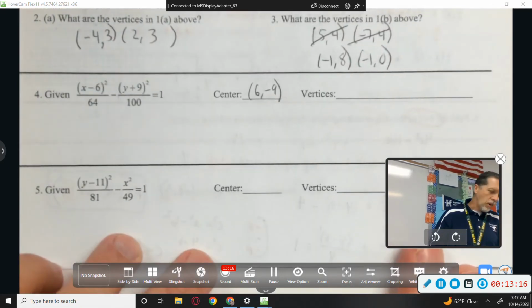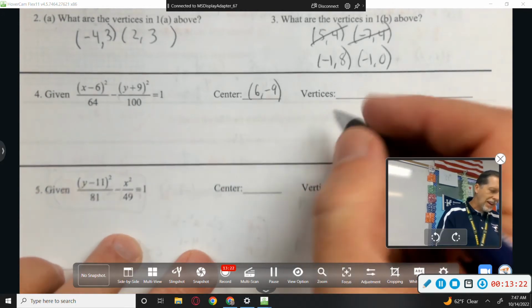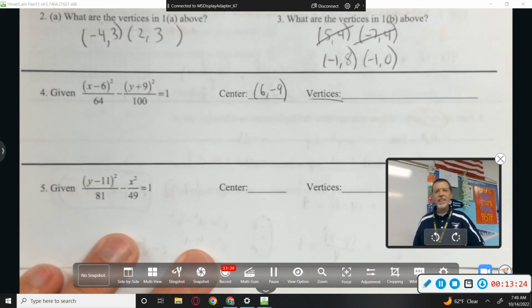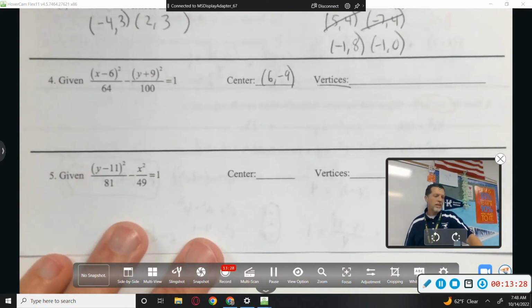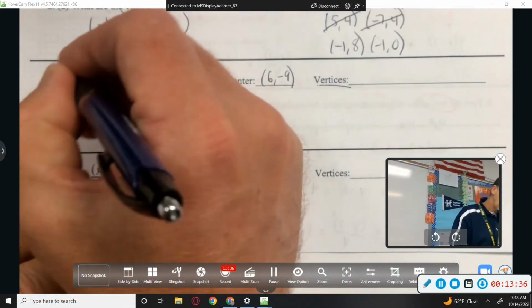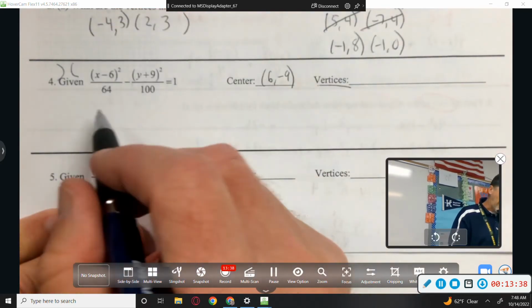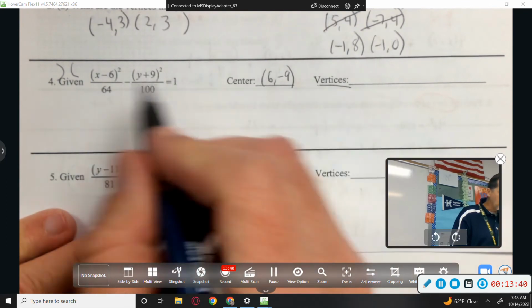Back to number 4. So the center is 6, -9. I'm also just asked for the vertices. I'd kind of like to not graph the whole thing if I can avoid it. Is this thing left and right or up and down? Left and right. So again, maybe you can find the vertices without graphing it.